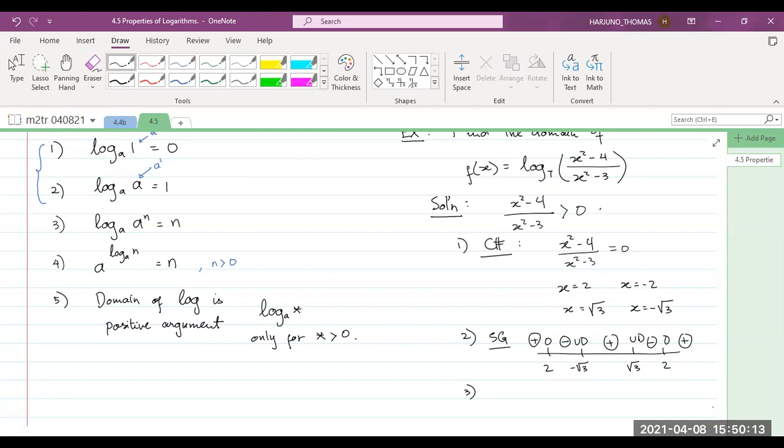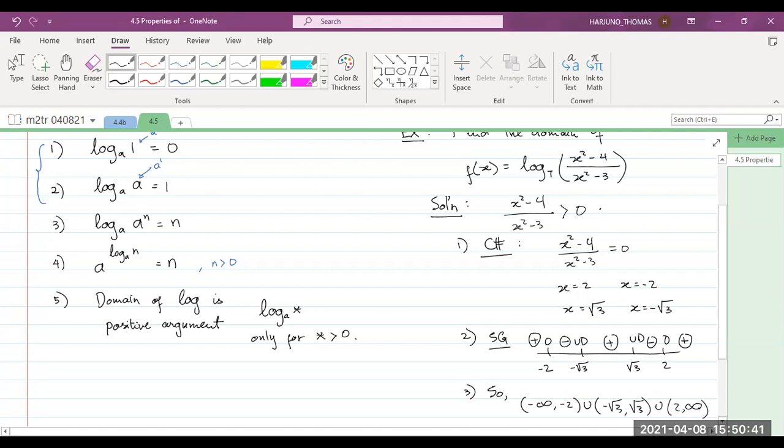If there's an easier way, I would have shown you, but I have not found any easier way. So the solution will be from negative infinity to -2, union negative radical 3 to radical 3, union 2 to infinity. It has to be strictly positive.